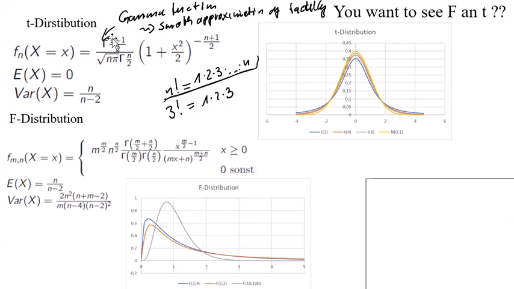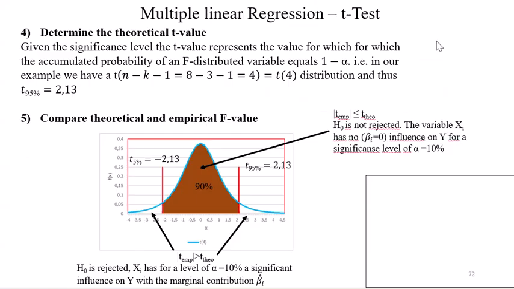We have to set in for our n then 4, and also for this we have in general a table where we can look up that the critical value for our t-distribution is just given by 2.13, and the t-distribution is still symmetrical, so on the other side we have just minus 2.13.